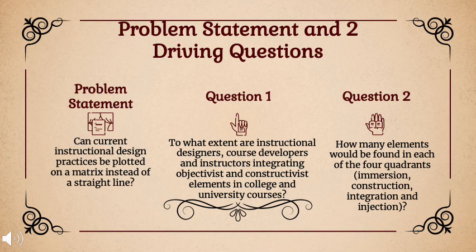First, to what extent are instructional designers, course developers, and instructors integrating objectivist and constructivist elements in college and university courses? And the second question was how many elements would be found in each of the four quadrants? Remember the four quadrants: immersion, construction, integration, and injection.